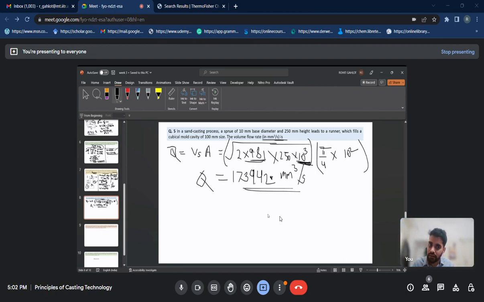As I need to calculate it in mm cube per second, I need to convert everything in mm. That's why. Okay, so we can directly take it as 981, which will be in centimeter per second, then you need to convert the centimeter to mm. Okay, got it.